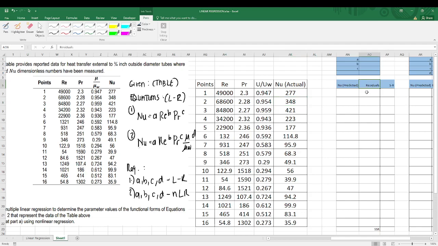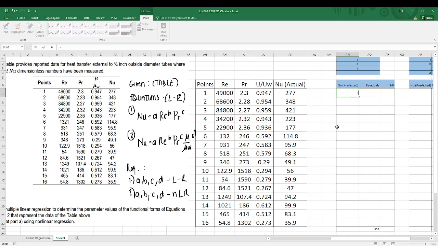That is the path that we are trying to do: the A, B, and C would be numbers that should be closer to the actual value of the Nusselt number. So by equation, let's start with equation 1.